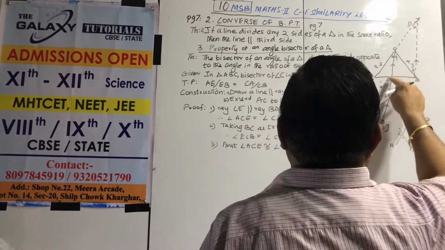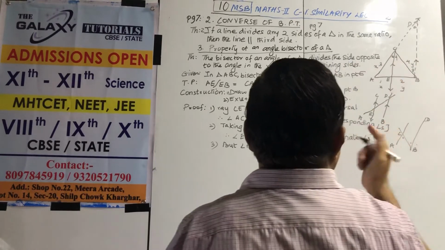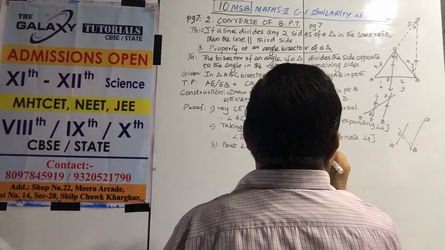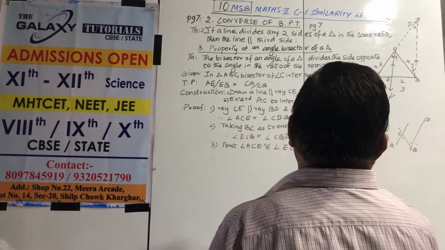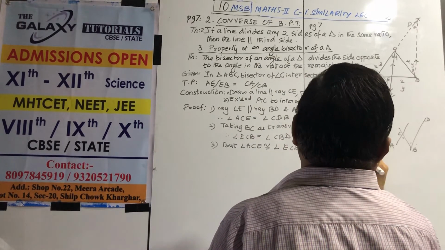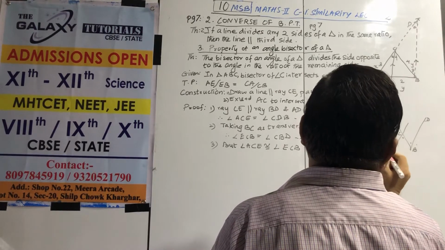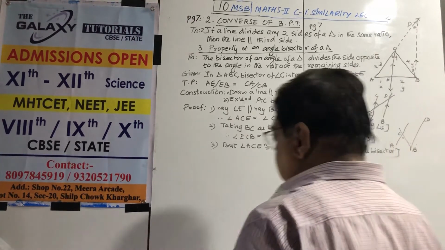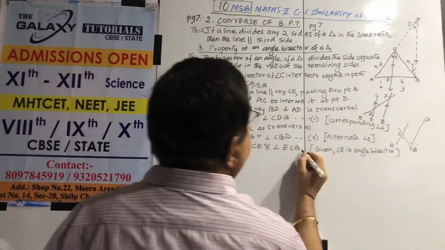ACE is congruent to ECB. Angle bisector is given. This is given that CE is the angle bisector. That is told to us. Now, this is 3.